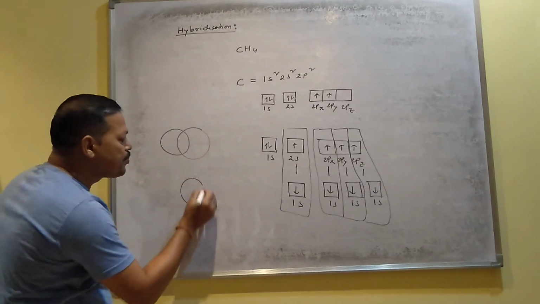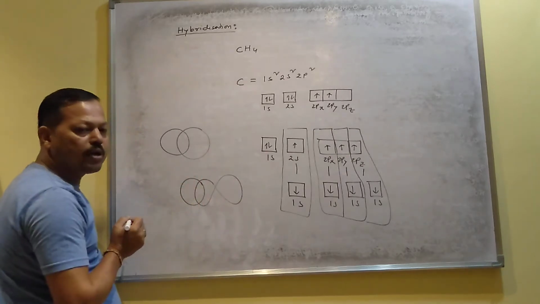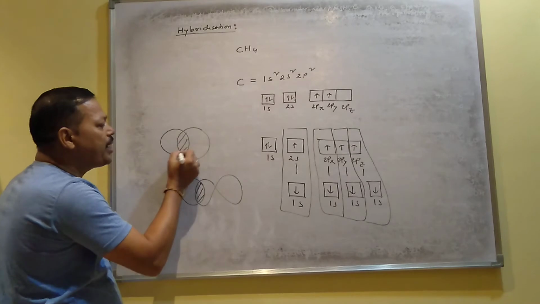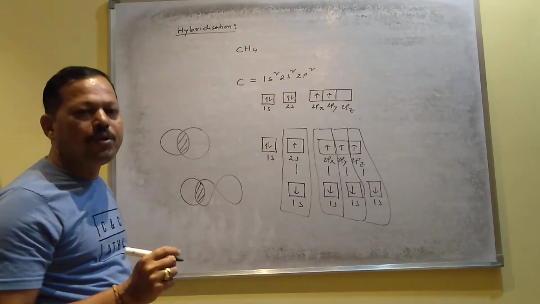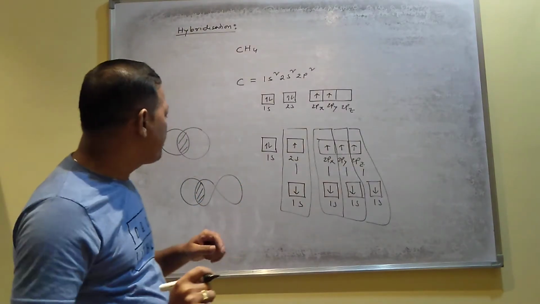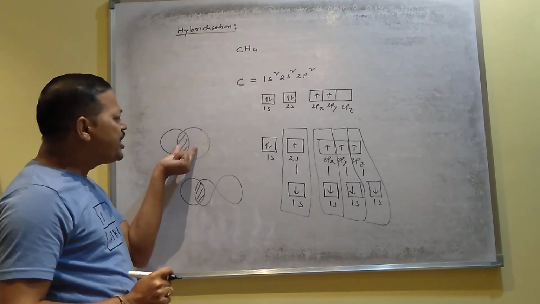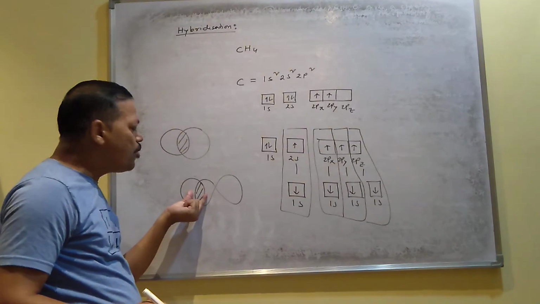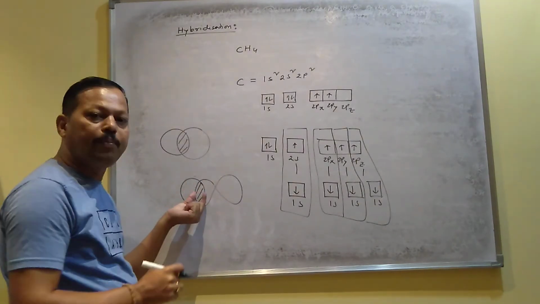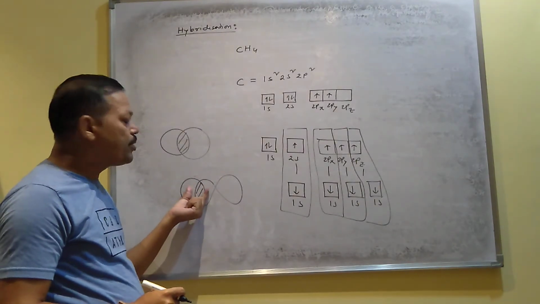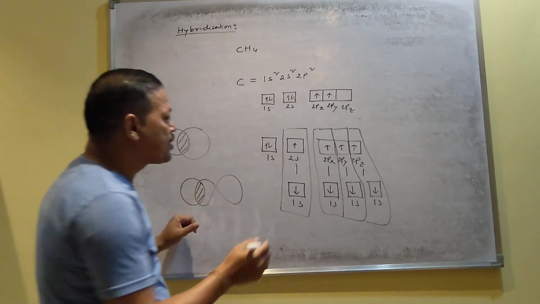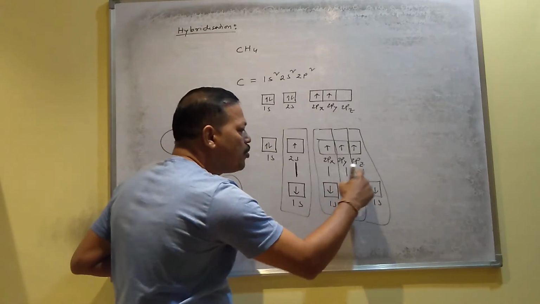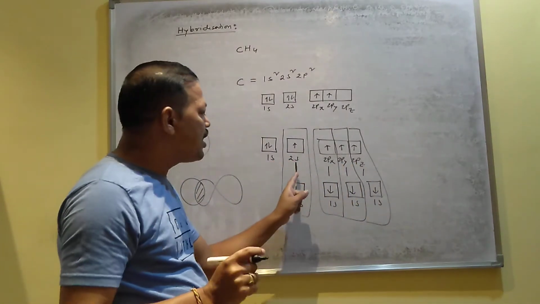And this is called sp overlap. P orbital is dumbbell in shape. And depending on the degree of overlap, you will get the strength of the bond. Here, the degree of overlap is more, I mean the strength of the bond will be more. Here, the degree of overlap you will get is less due to the dumbbell shape, and that is why the strength of the bond will be weak. That means this bond will be stronger, and these 3 bonds will be somewhat weaker than this.